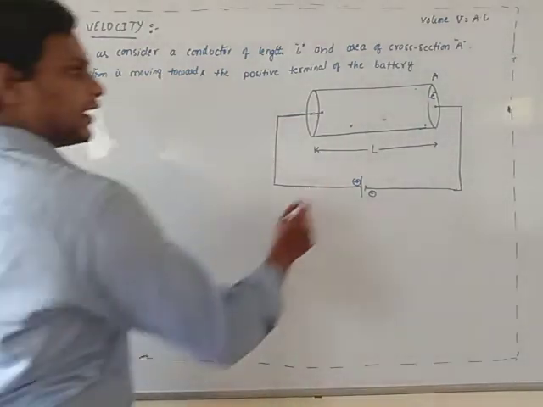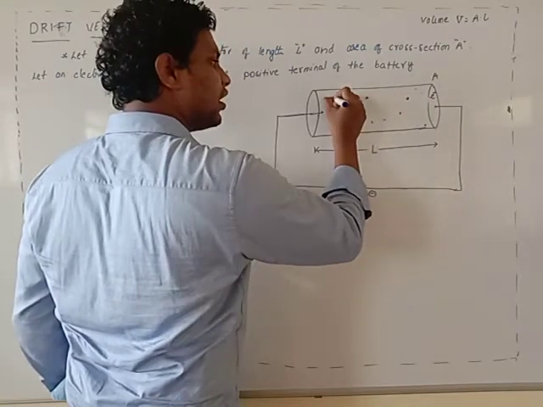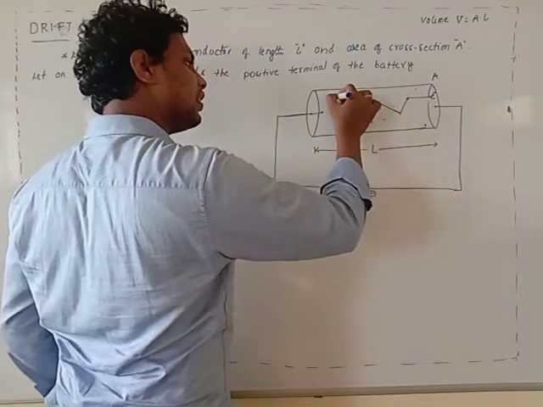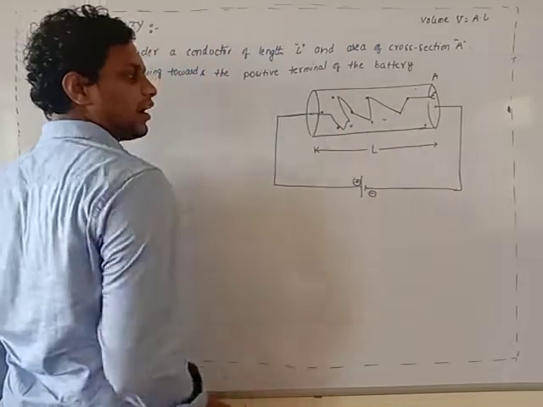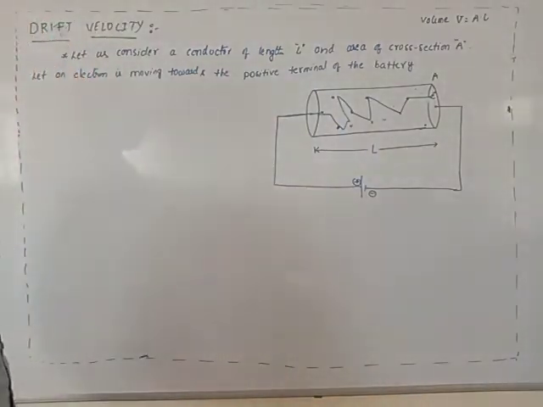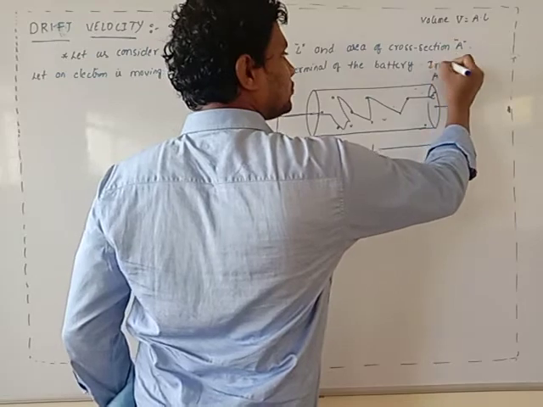In its path, it may collide with the other particles and it changes its motion randomly, or it moves in a random path and finally reaches the other point. So that point I am going to write.